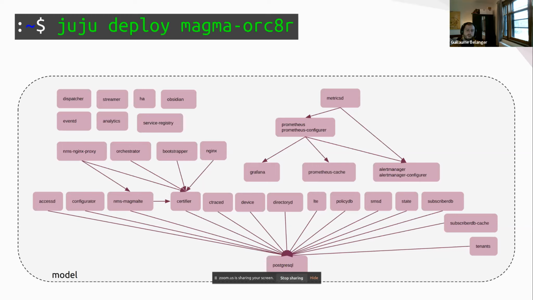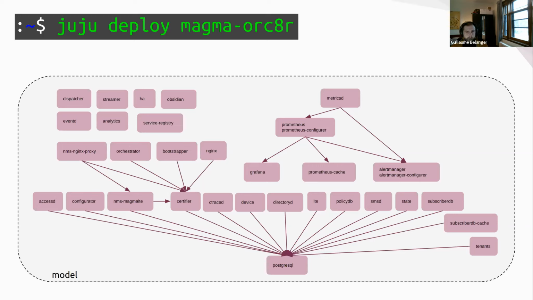So if we talk about PostgreSQL, for example, that we have in the bottom here, if you take a service like device, device requires information from the database. It requires its URL, its username and password. So this information is stored inside of a relationship that device can access and use. But all of this is abstracted from the user. All you have to do is to Juju deploy your application. All I'm doing here is explaining what happens behind the scene, but the content of those relationships doesn't have to be known by a user.